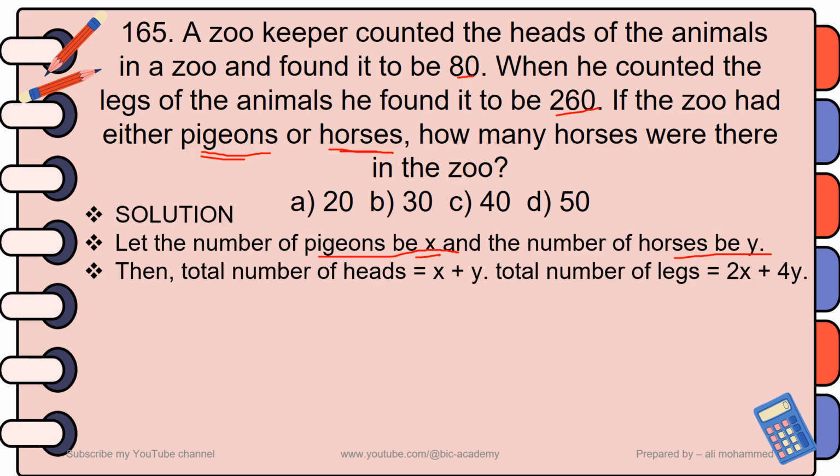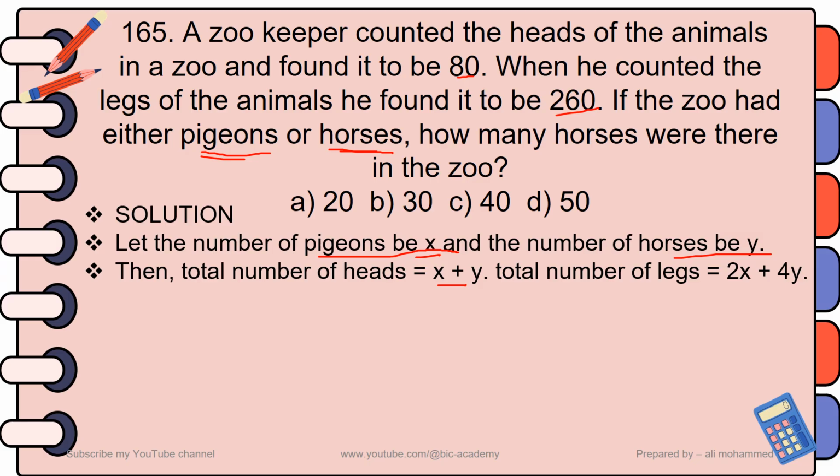So the number of heads is the number of pigeon heads, X, plus the number of horse heads, Y. You can have X plus Y, which is equal to 80.